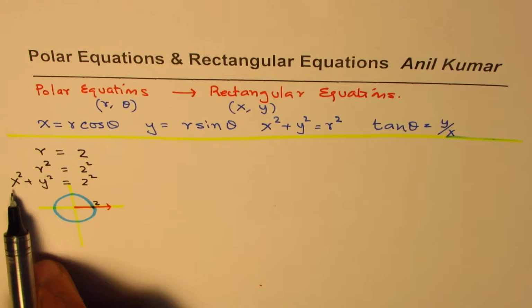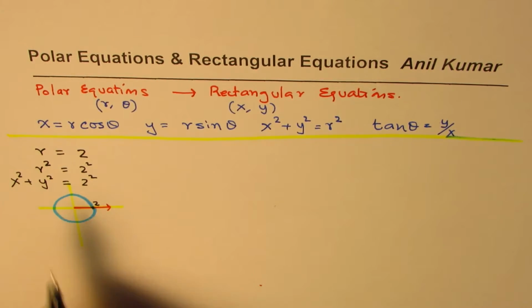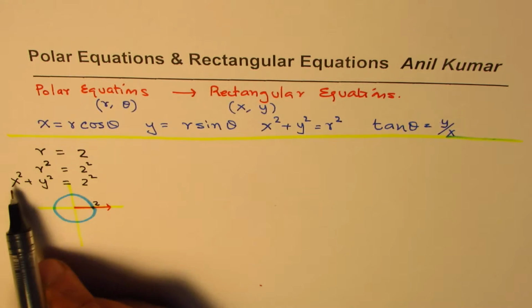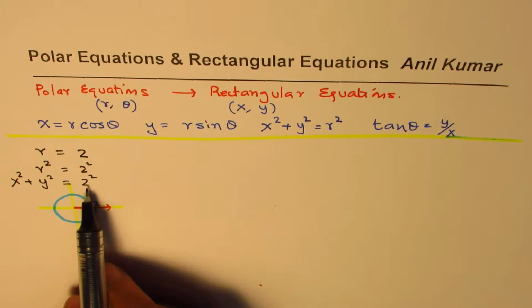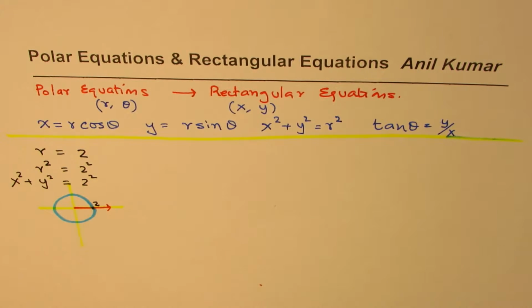Perfect. Now in the rectangular system, x and y, correct? So we have translated r into x and y. So we have an equation now in the rectangular system. Do you see that? And it really means a circle with radius 2. Exactly the same thing. Do you get the idea, right?